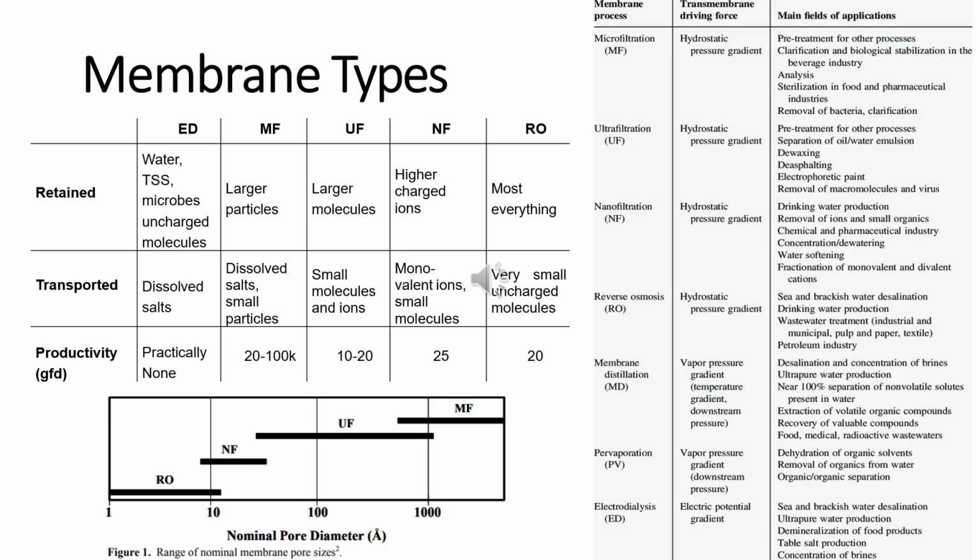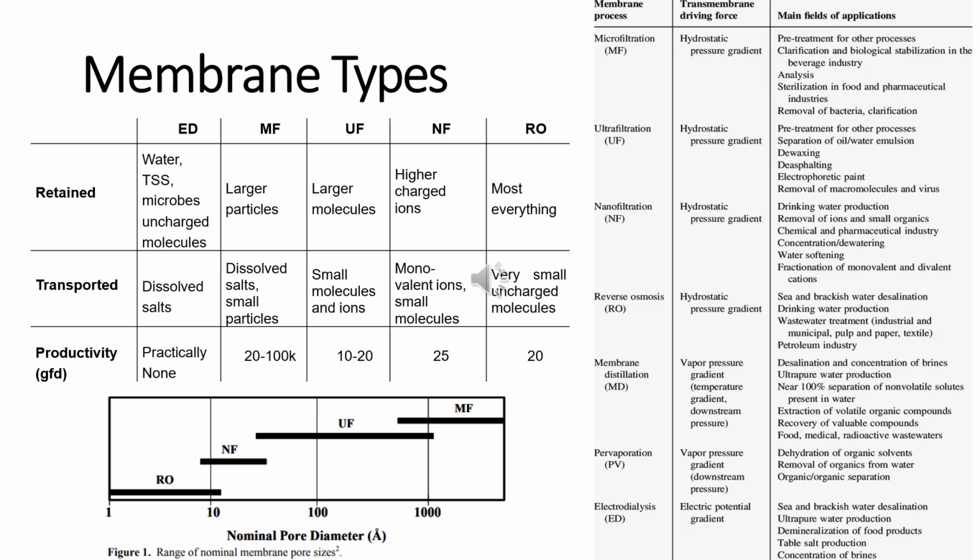Water treatment processes use several types of membrane. So we have microfiltration, MF, and ultrafiltration, UF. We have reverse osmosis, RO, and nanofiltration, NF, and we can see the properties of the different types of membrane in the table here.